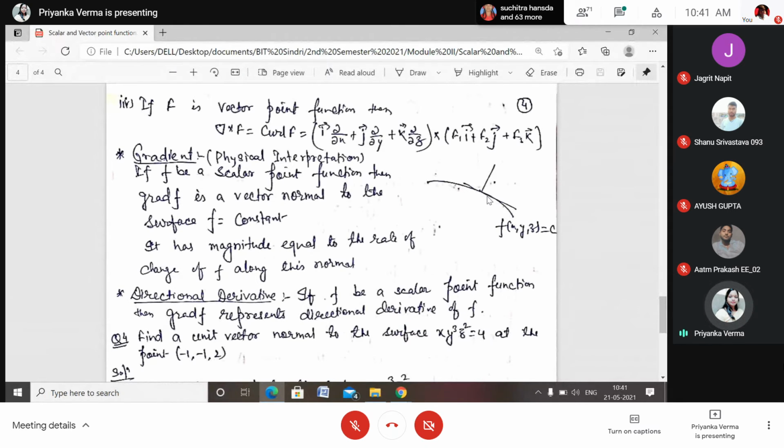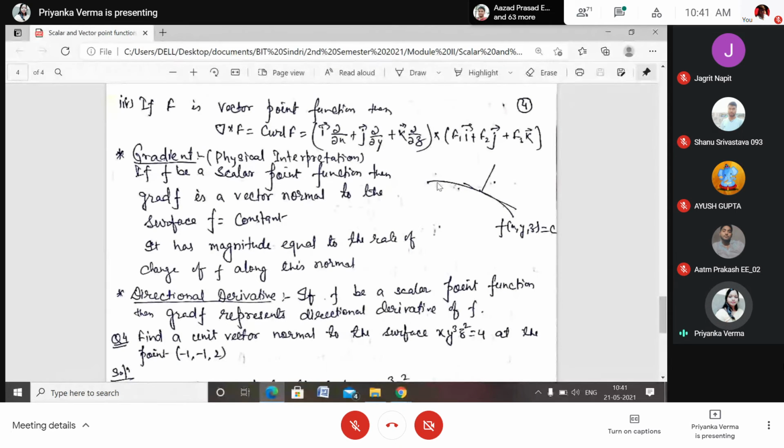It gives a constant value and its magnitude is equal to the rate of change of f along this normal. इसकी जो मैग्नीट्यूड आती है, that means grad f एक वेक्टर फंक्शन देगा and its magnitude will be equal to the rate of change of f along this normal.